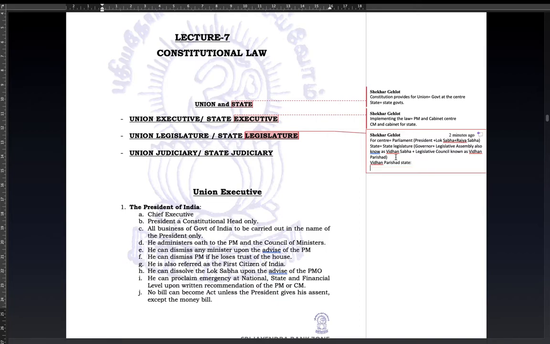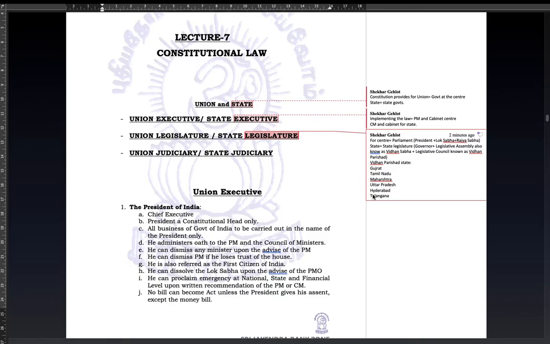The Vidhan Parishad states are Gujarat, Tamil Nadu, Maharashtra, Uttar Pradesh, Hyderabad, now Telangana as well.